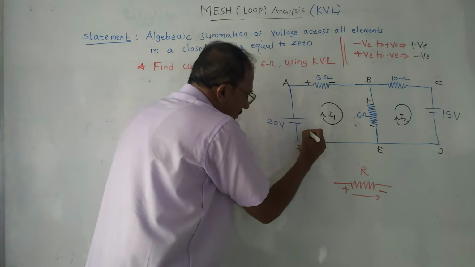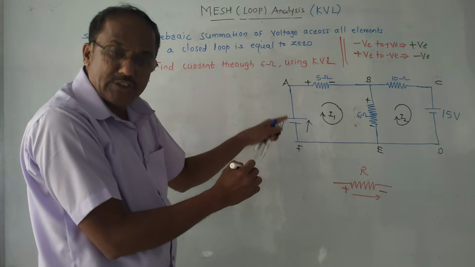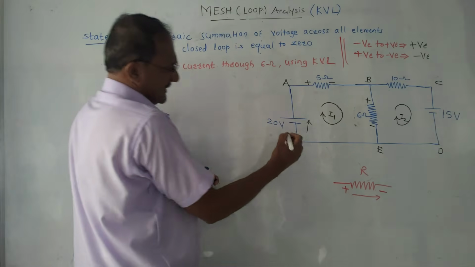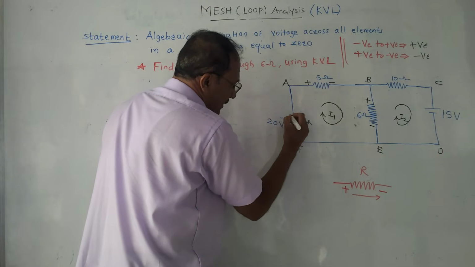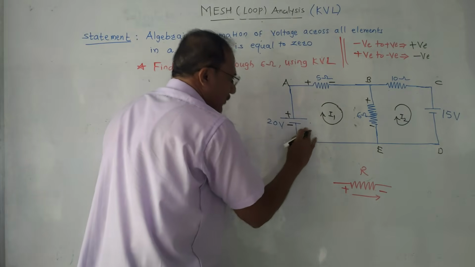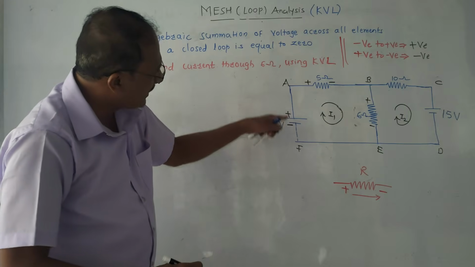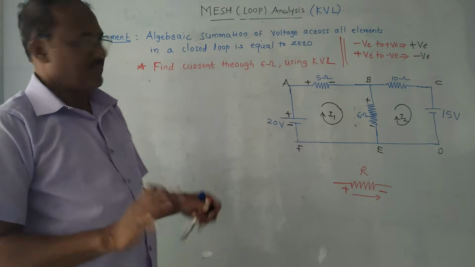Already, this is a 20 volt voltage source. Recall the basics: the longer terminal of a voltage source indicates positive, the shorter terminal indicates negative. So no need to consider the direction of loop current. Directly you can mark the polarities plus minus.